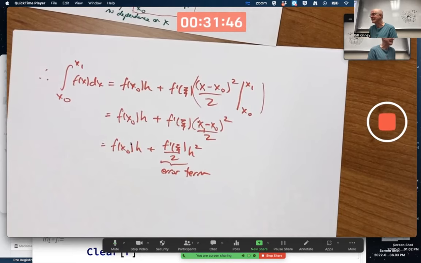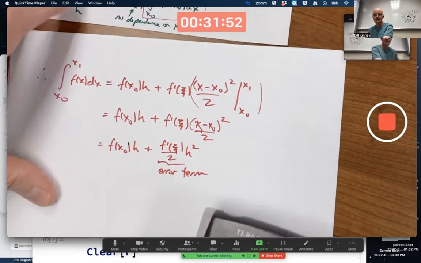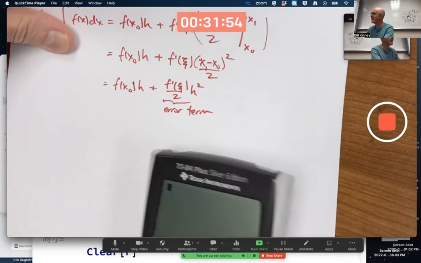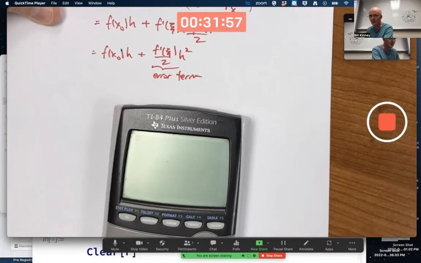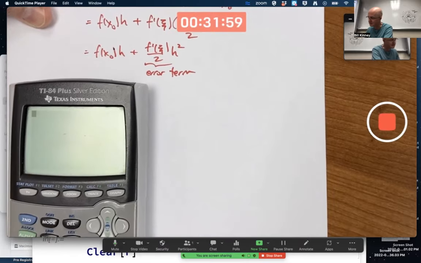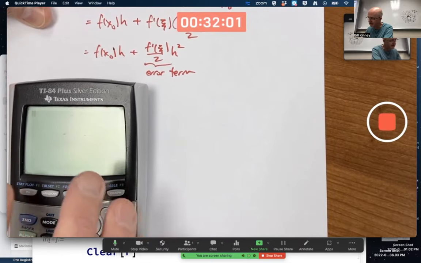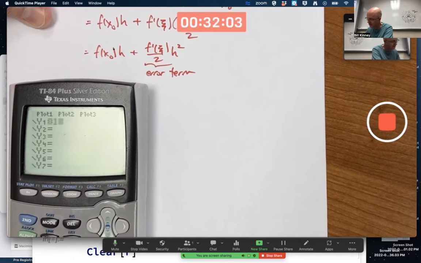So let's test this now with technology. Let's get the exact value of the integral in a few different ways. Well, one with the calculator. Well, the calculator is just going to approximate it. If you're going to do numerical integration of 1 over x, you'd want to type the function in as 1 over x.